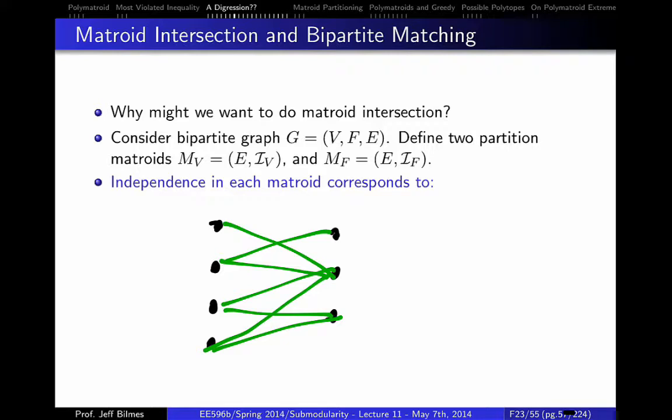One partition can be based on the left vertices. So that means that this is the partition: the yellow edges, the green edges, the blue edges, or the orange edges, right?